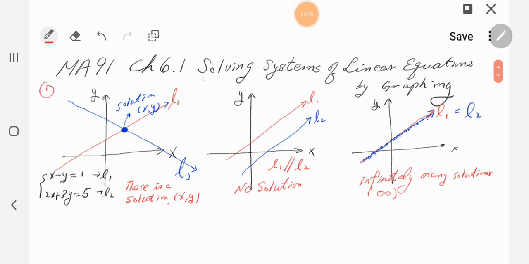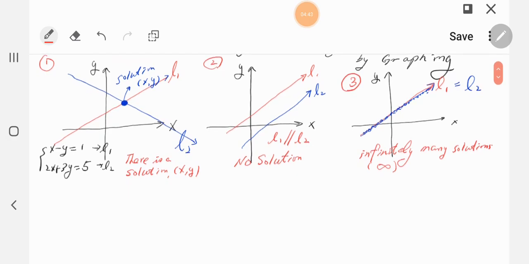So type 1, type 2, type 3. If there is a solution, then we call it a consistent system. So the first type is consistent. The second one does not have a solution.